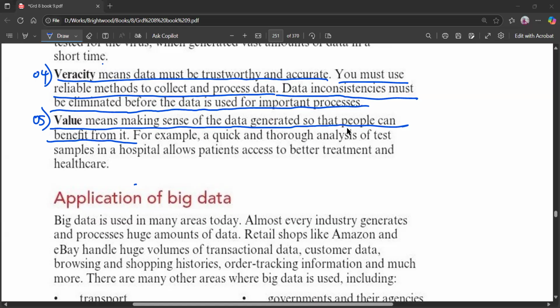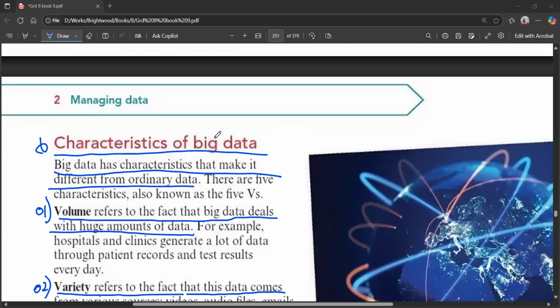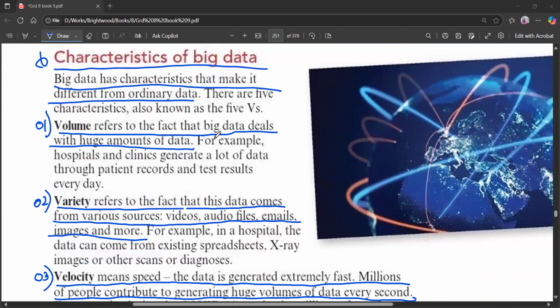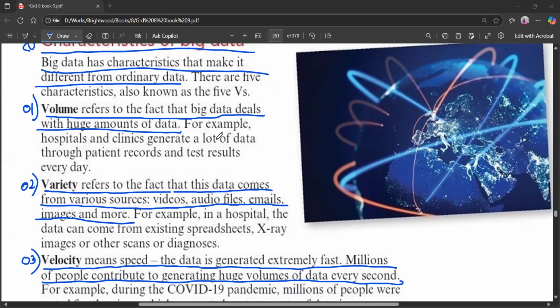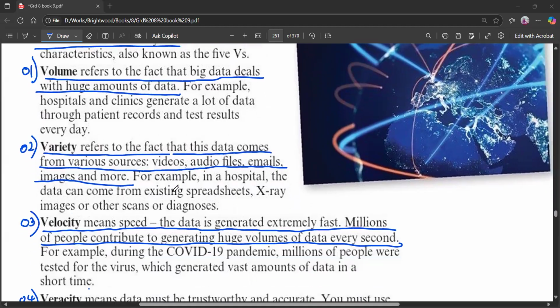Okay, so these are the main characteristics of big data. What are they? It should have a huge volume, meaning a huge amount of data. Variety means data comes from various sources, like videos, audio files, emails, images, or more.